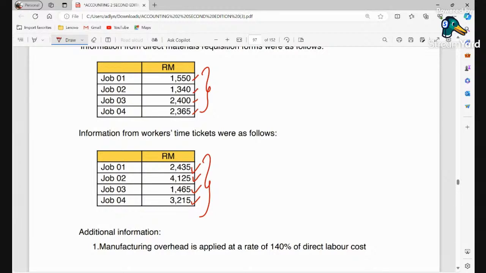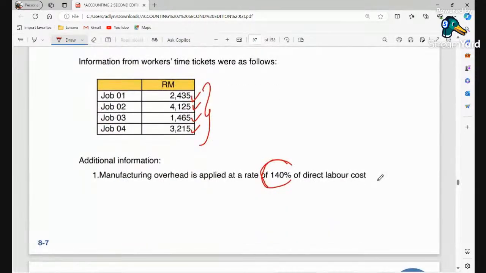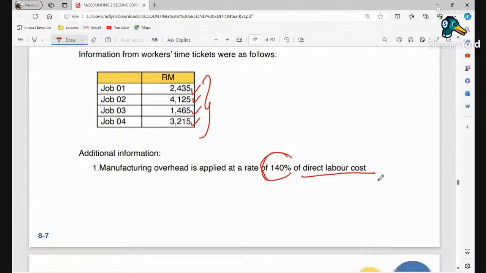Okay, so additional information dia bagi dekat sini. Alright, this is the POR to calculate the applied manufacturing overhead using the direct labor cost basis. Okay, so this is the POR that you will be using to calculate your applied manufacturing overhead.